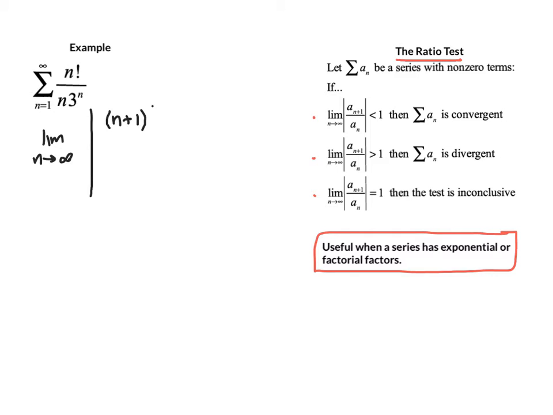So we have n plus 1 factorial divided by n plus 1 times 3 to the n plus 1. So that's a sub n plus 1 on our numerator. And then we divide that by a sub n, which is the series definition, explicit formula, n factorial over n times 3 to the n. So we're trying to determine this limit.